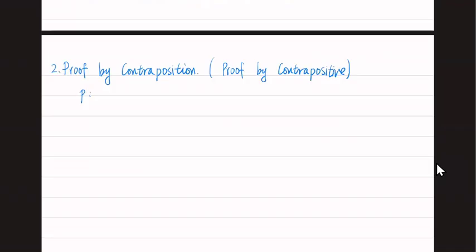So in logic, we use lowercase p for a statement. A statement, what is a statement? It means it's a statement that's either true or false.